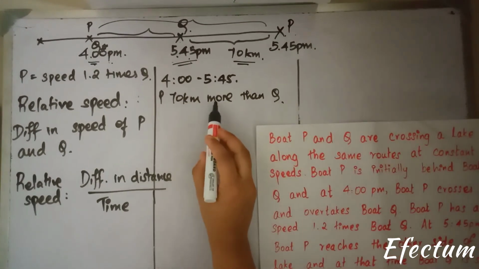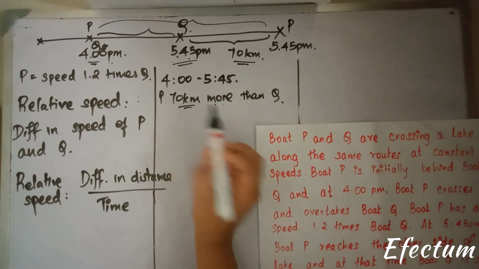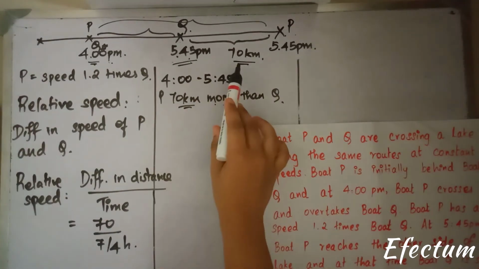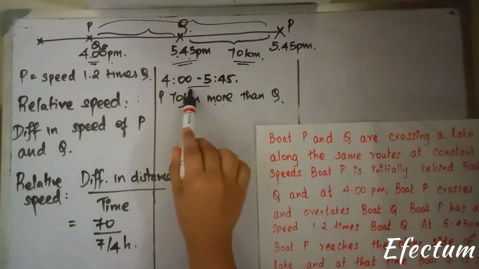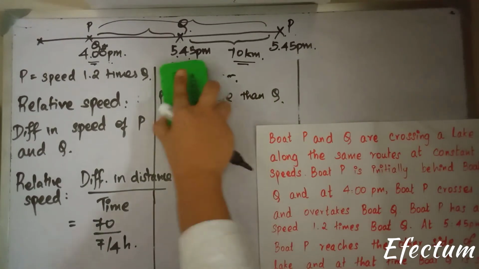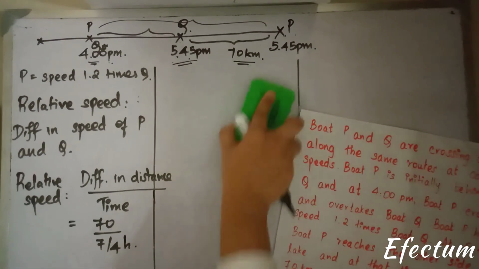So this will be the difference in distance, 70 kilometers. What about the time period? That is 7/4 hours, because this difference happens in 7/4 hours, 1 hour 45 minutes. Okay. So now we can find the relative speed between the two boats.